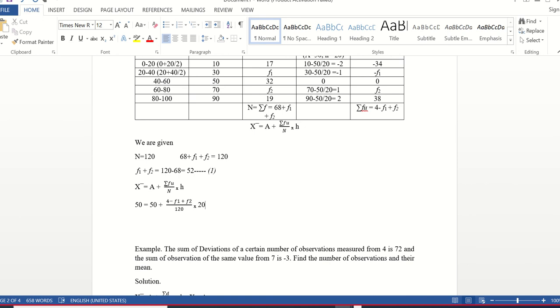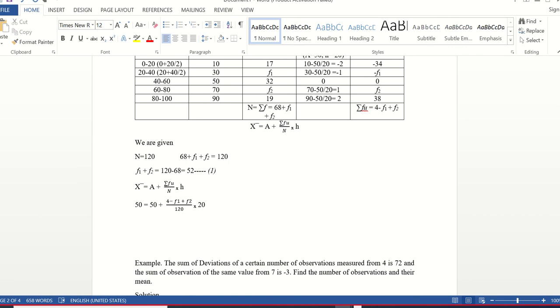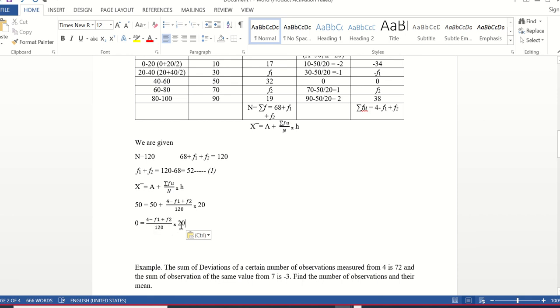So now we will solve it. This 50 will go to the left hand side, so 50 minus 50 will become 0. So 0 equals this part of the equation, right? This 20 and this 120 would get cancelled out, so this will become 6.